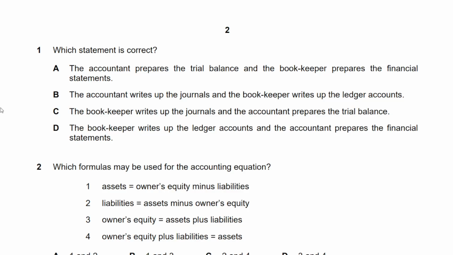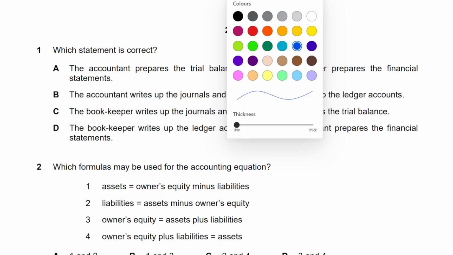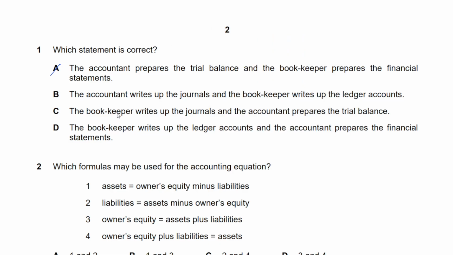Question number 1, which statement is correct? The accountant prepares the trial balance and the bookkeeper prepares the financial statements. Completely opposite. No. The accountant writes up the journals and bookkeeper writes up the ledger accounts. No such information. You just need to know definitions of accountant and bookkeeper, or accounting and bookkeeping.